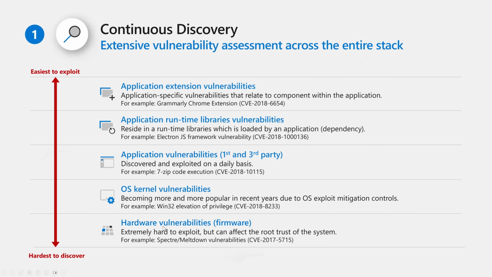If you look at this, it shows how difficult it is to scan for vulnerabilities. This shows you the list, from easiest to exploit to hardest to discover. It starts from here. The easiest to exploit is extension vulnerabilities, as I told you, the browser extension vulnerabilities. One example is the Grammarly Chrome extension.